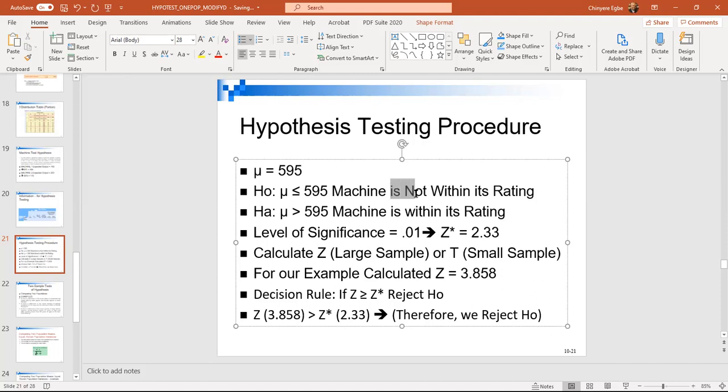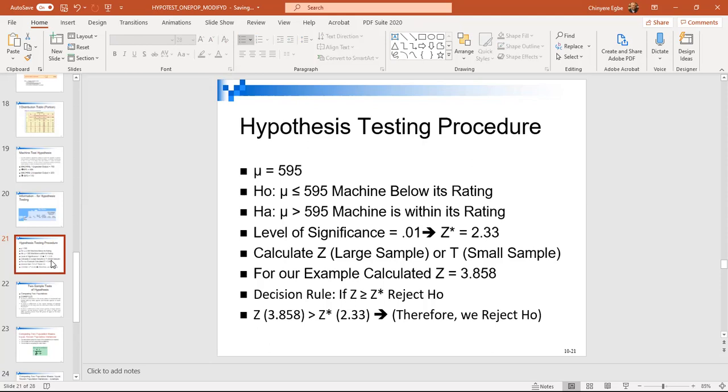You can say that it's below. So this is what you're expected to do to be able to make a decision, a business decision, based on the numbers. All right. So is that clear what you're supposed to do?